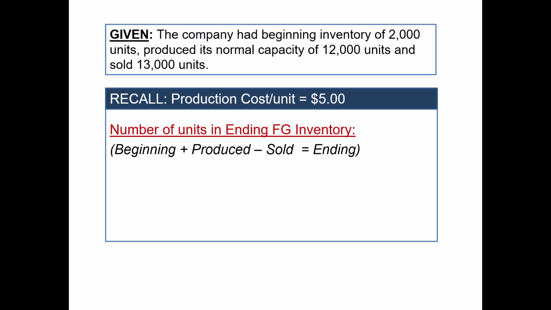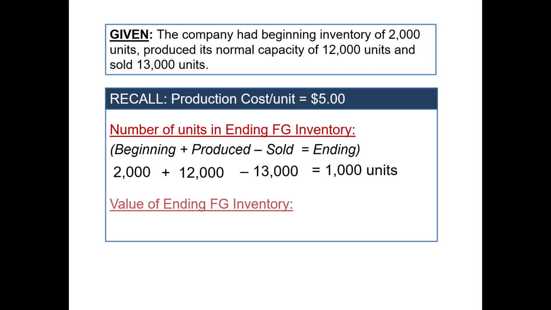So first, determine the number of units that are included in ending inventory, and that would be 2,000 units plus 12,000 produced minus 13,000 sold, which gives us 1,000 units. Multiply that by the $5 per unit cost, and we have $5,000 that will appear on the balance sheet under ending finished goods inventory.